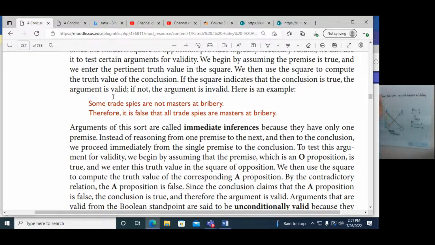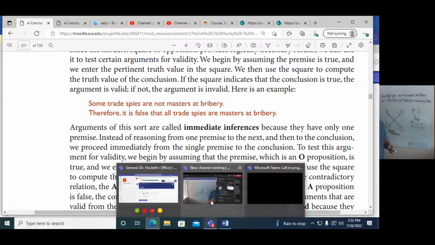That's going to be in the premise 1 position, and then the conclusion here is going to be: it's false that all trade spies are masters at bribery. Now, there are a couple ways to go with this, but we'll go back to the book in just a second.